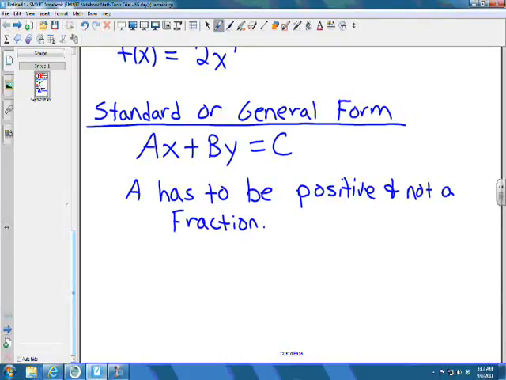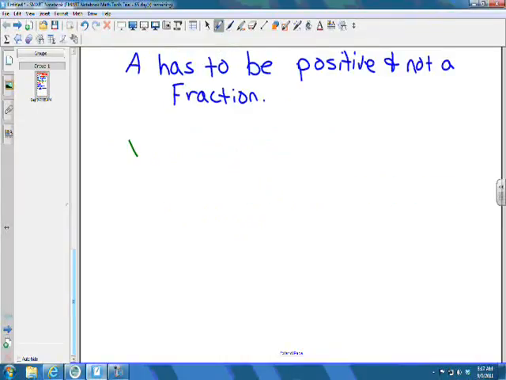So we will just do a few of those where we have to get the equation in standard form. You are used to seeing something like y equals 2x minus 3. Does anybody know what form that is? That is slope-intercept form. Very good. So they want us to change this from slope-intercept form to general form.